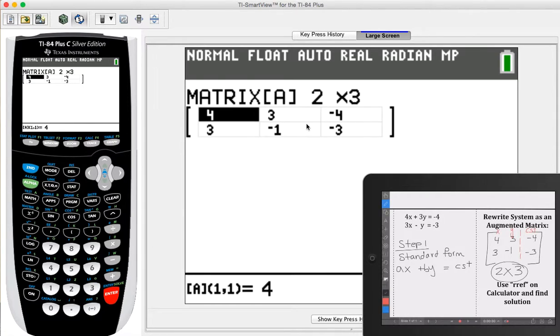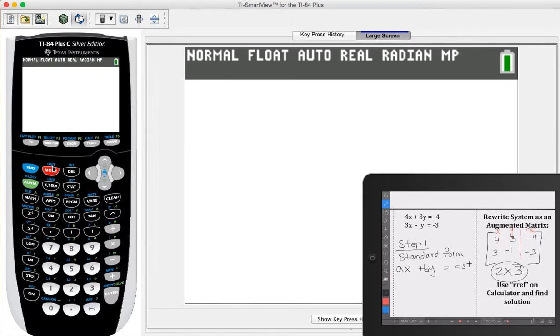Always double check that the dimensions are correct, row and column, and double check that all the elements are correct. Once you're done entering all the elements, make sure that you quit and go back to the main screen. How do you do that? You press second quit, which is the mode key. Now you are at the main screen.